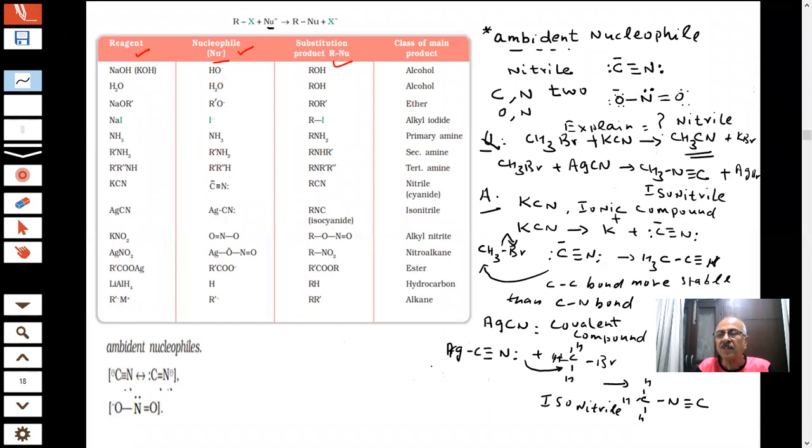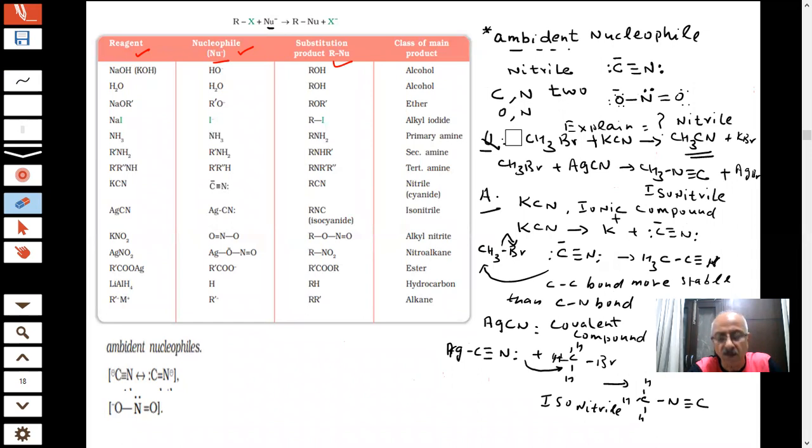When we write answers in the paper, we have to be clear what we are writing. You will not write something you are not sure about. Less has to be written, but correct information has to be written in the papers.